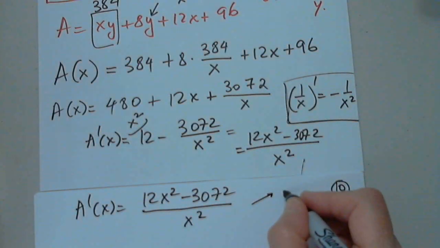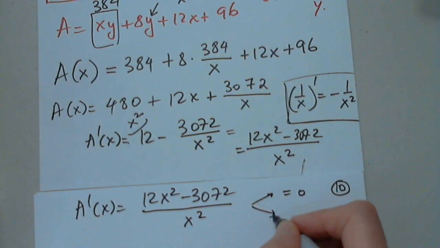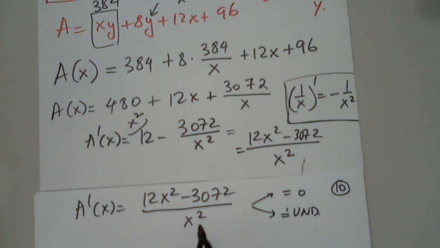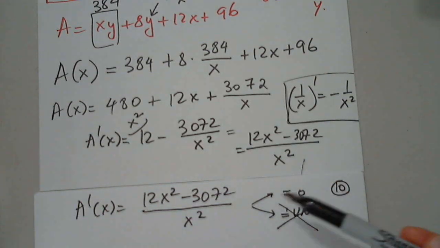And yes, we have to set this equal to 0. We also check where it's undefined, which is when x is 0, but the function is undefined at x equals 0 as well. When a fraction is 0, only the top is 0.